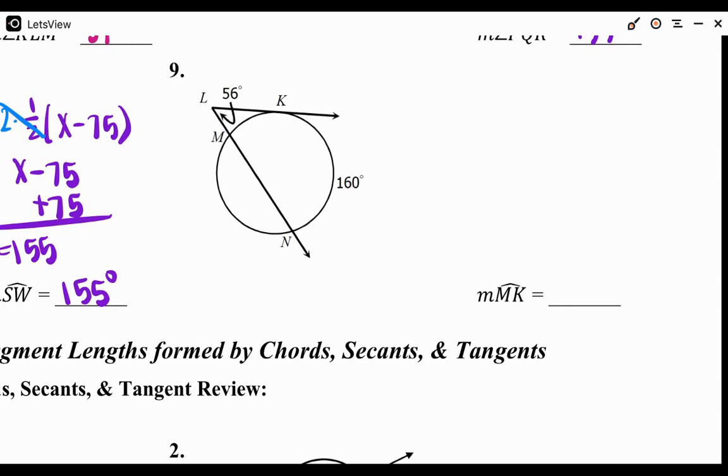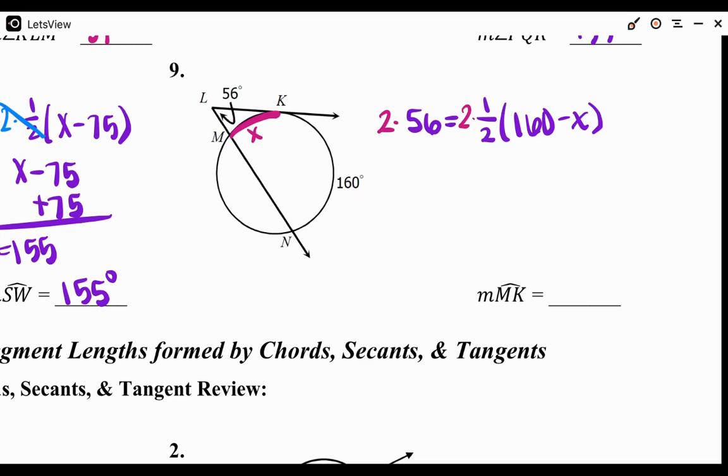Okay, number 9, again, we are looking for an arc measure. So I'm going to call this, again, x for this arc measure in here. So using our formula, we know that 56 is equal to 1/2 of 160 minus x. So get rid of that 1/2 first.